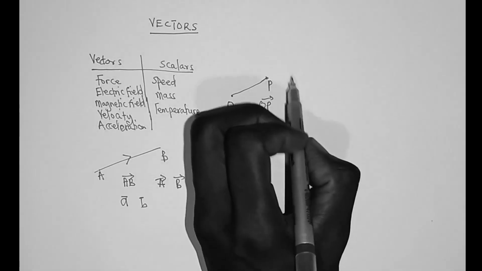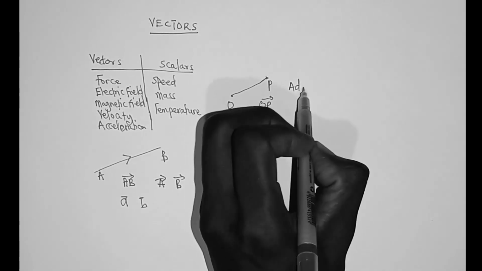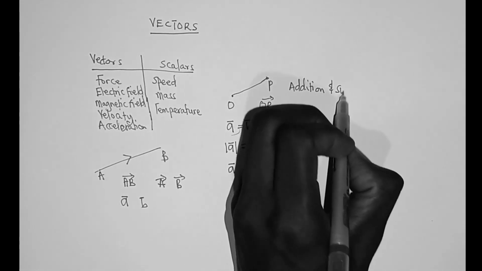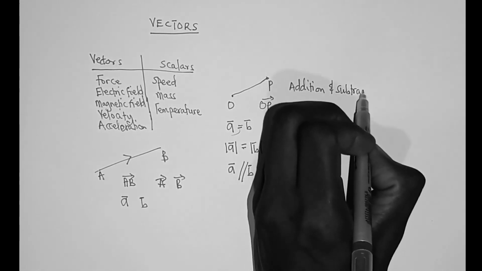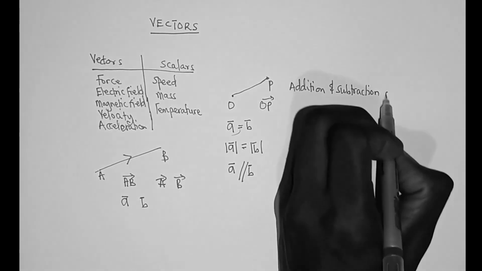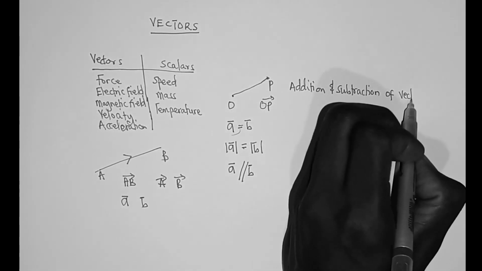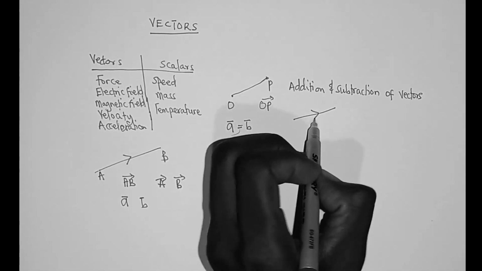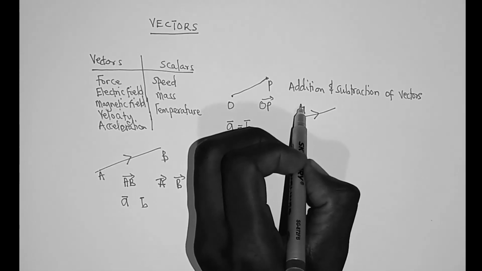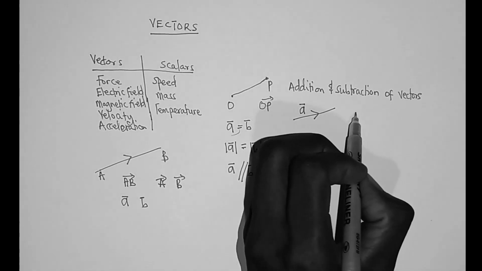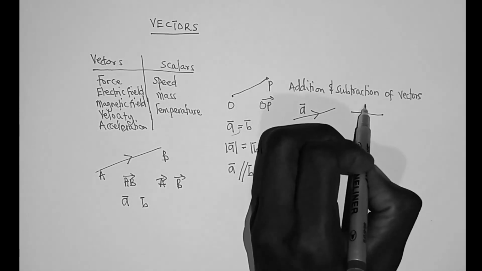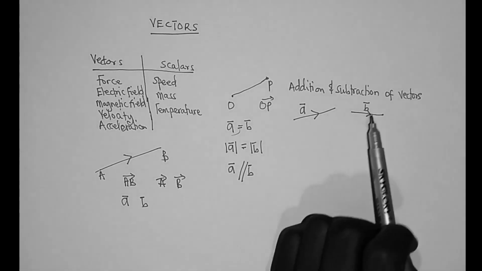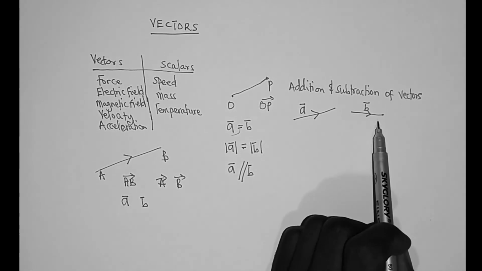So let's talk about addition and subtraction of vectors. For example, let's assume we have this vector going in this direction, vector A. And we also have another vector going in this direction, vector B. How do you add vector A and B?